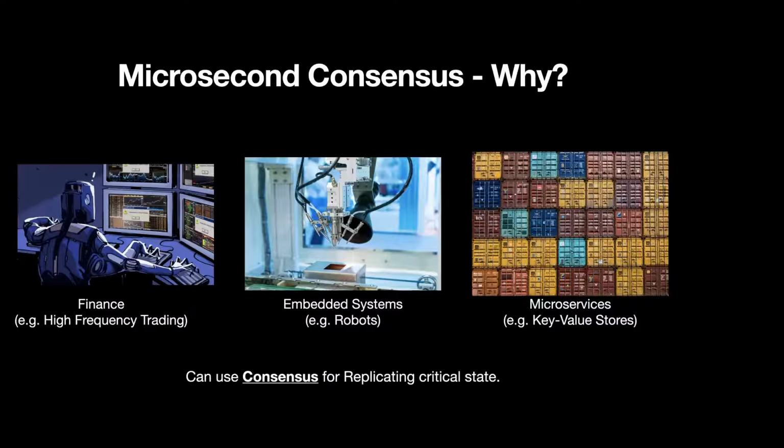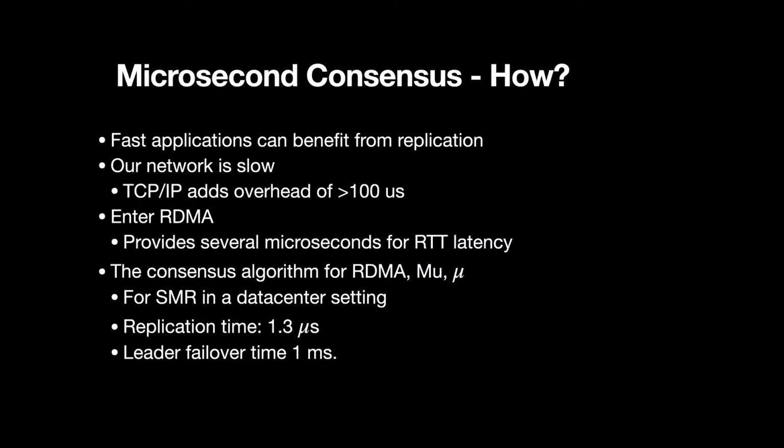So applications of these sorts can definitely use consensus for replicating any critical state that they have. The thing is that our existing notion would tell us that consensus is supposed to be slow. Fast applications can use replication for fast fault tolerance.